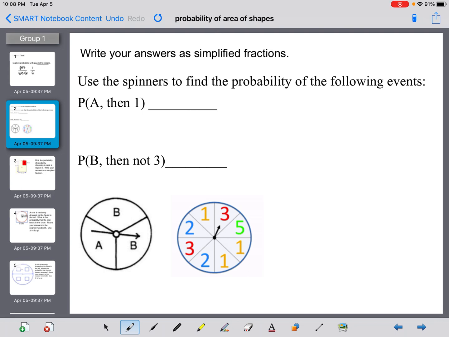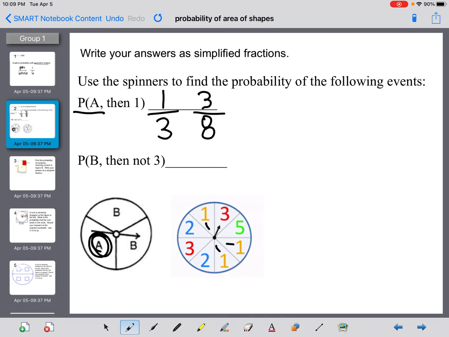So the first one, very similar to what we did last week. I would like to get the probability of getting an A. Well, that's 1 out of 3 sections. And then a probability of getting 1. That's 3 out of 1, 2, 3, 4, 5, 6, 7, 8 sections.